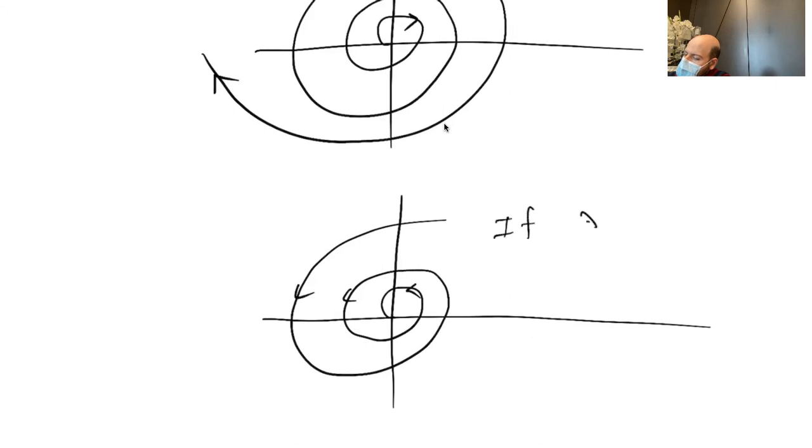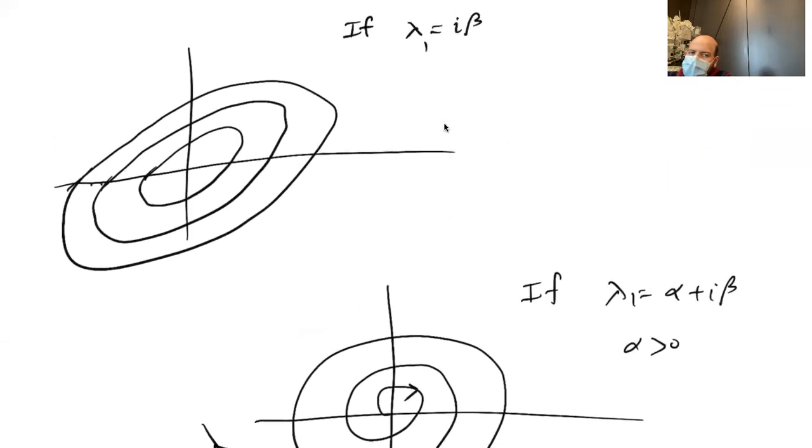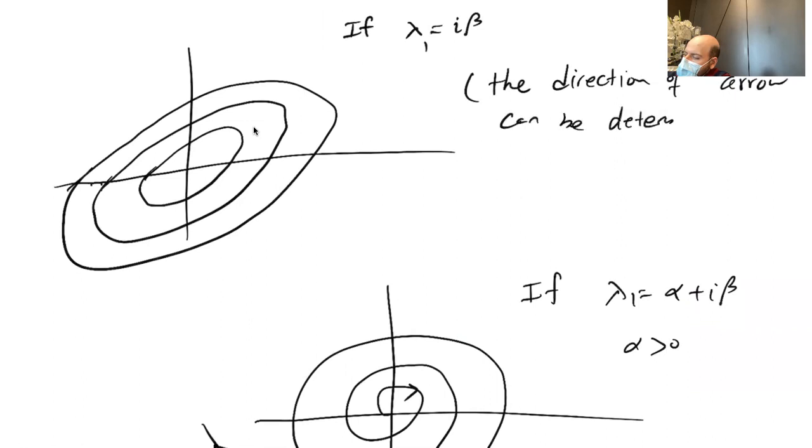This happens if our eigenvalue can be written as alpha plus i beta, with alpha being negative this time. In these cases, the direction of the arrow can be determined based on the given matrix.